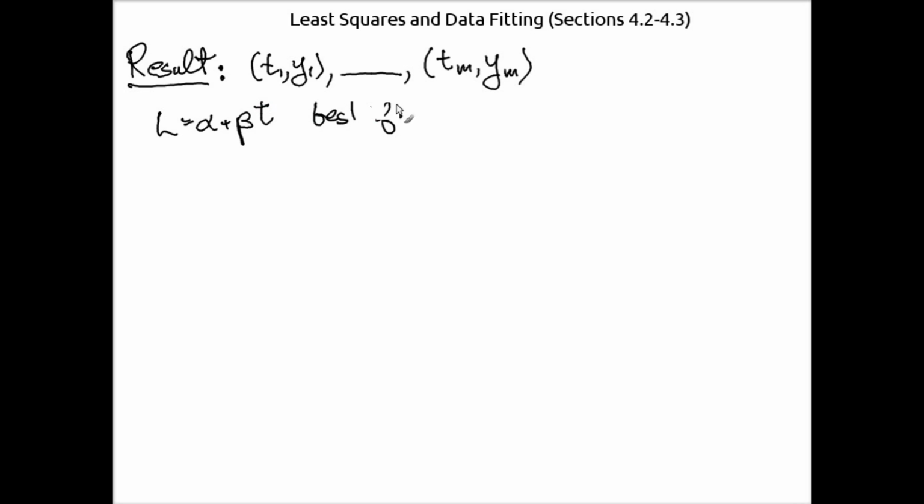The best fit is given by the following formula. Alpha beta is equal to (A transpose A) inverse A transpose applied to y.